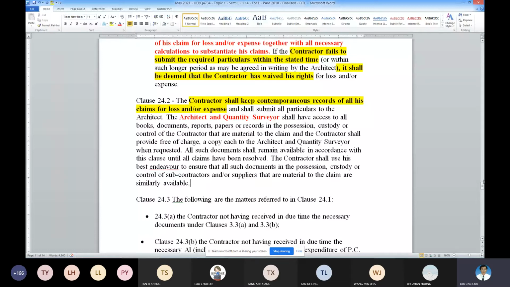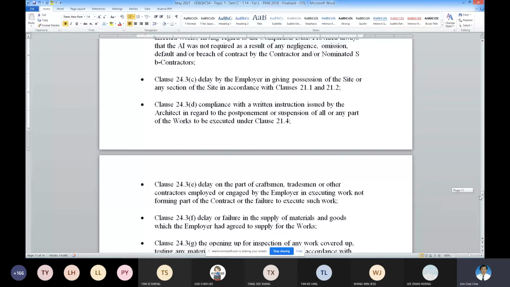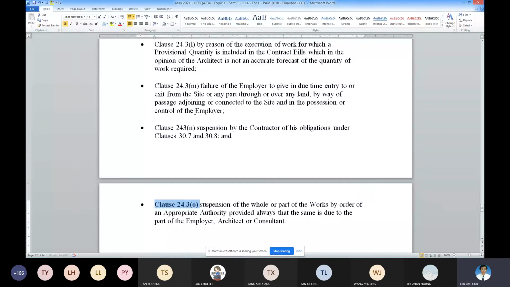These are the events I stated earlier, 24.3A to O, which we ran through just now under your PAM. I go first to the end, O. See here, O. These are the events entitling the contractor to claim for loss and expense.